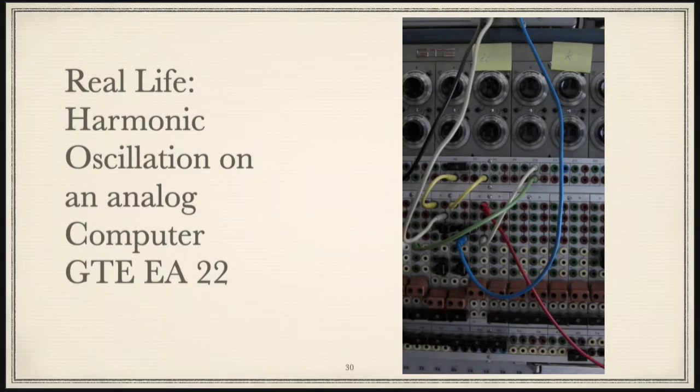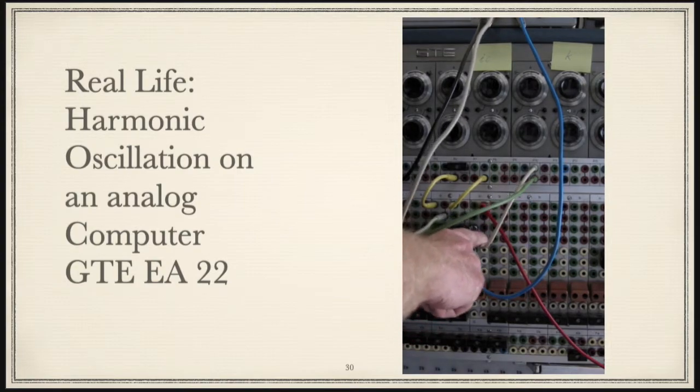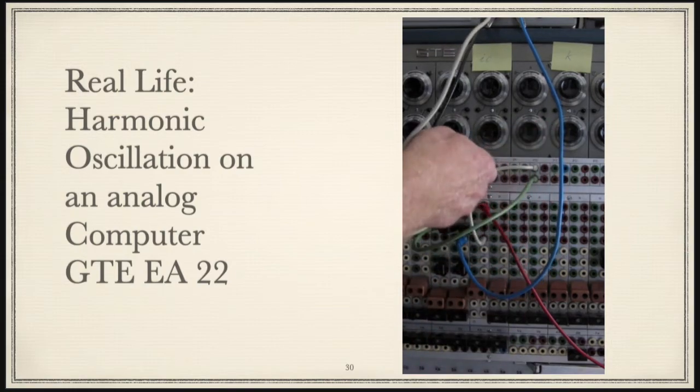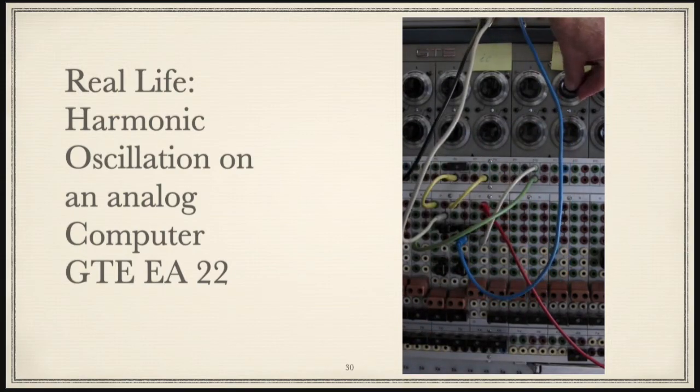So we integrate the second derivative from here to here. Then we integrate the first derivative from here to here. Invert it. Then here is a potentiometer. We can choose the constant K. You see, there is something happening.